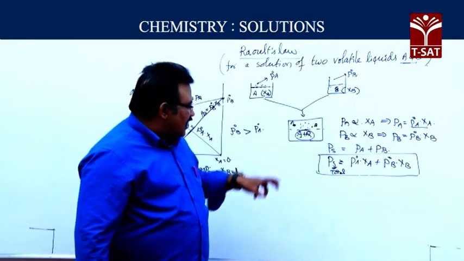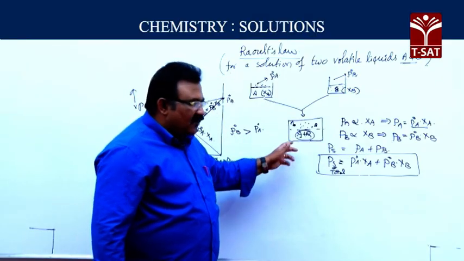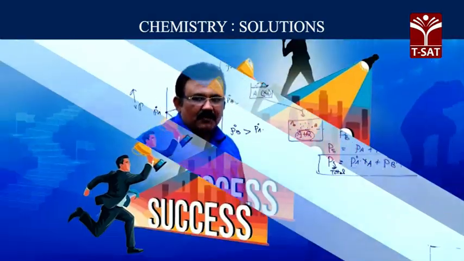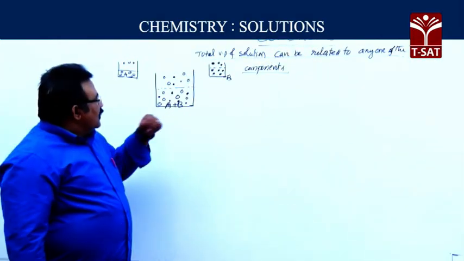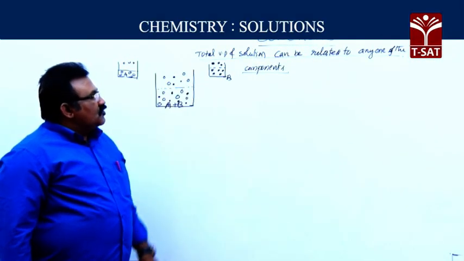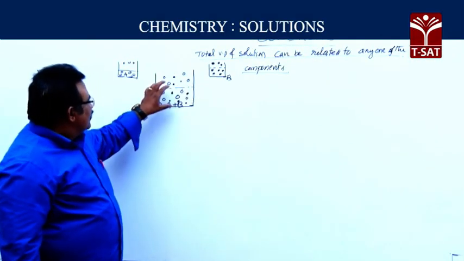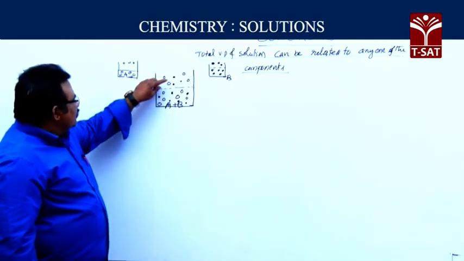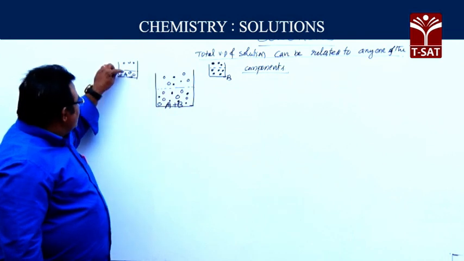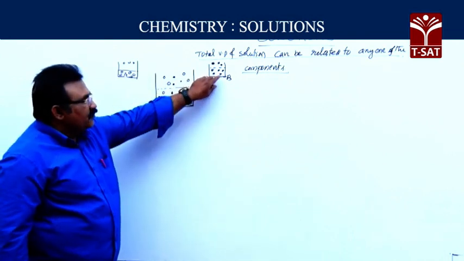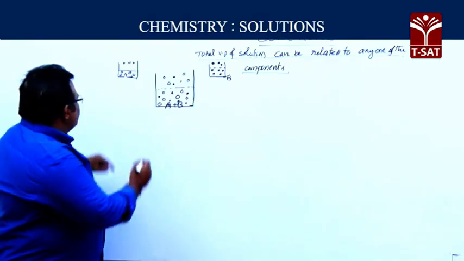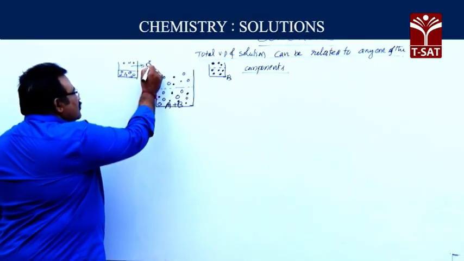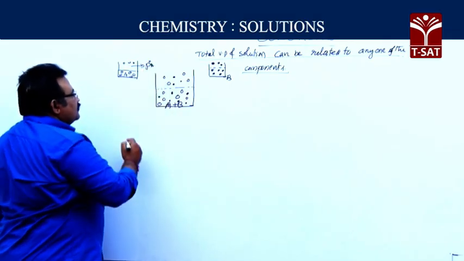So let us calculate the total vapor pressure of the liquid mixture in terms of A component. The total vapor pressure of the solution can be related to either mole fraction of A or mole fraction of B. This is the pure liquid A and its vapor pressure is P0A.